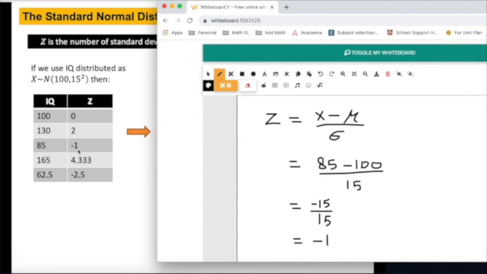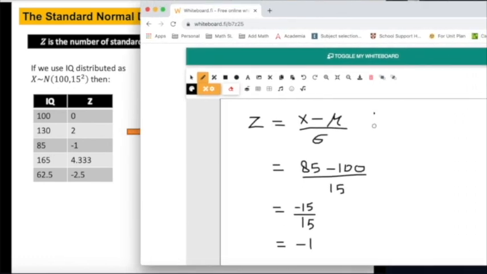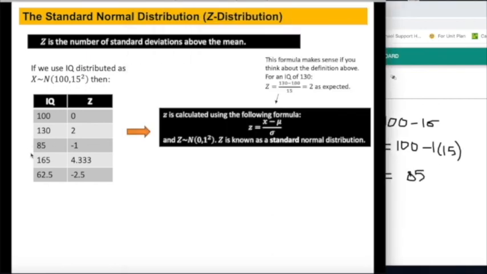Which is the same as this. And 85 is minus 1 standard deviation away, because the mean 100 minus 1 standard deviation is 100 minus 1 multiplied by the standard deviation 15, so that's equal to 85.